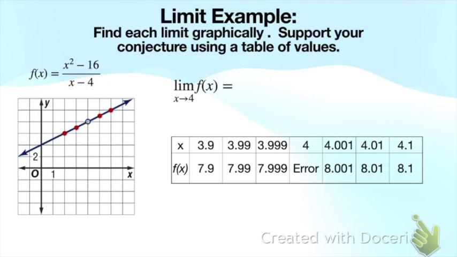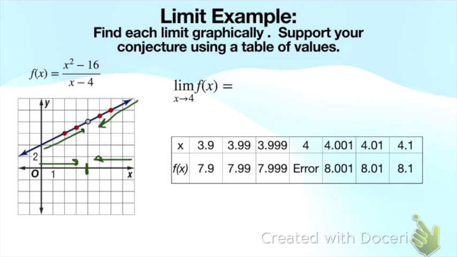Here's my 4 on my x-axis, and as I get closer to it, what's happening to my y value? My scale is by 2 on the y, going 2, 4, 6, 8. We are approaching 8 from the left side. Then we come in from the right side, and we're also approaching 8 as we come into x equals 4 from the right.